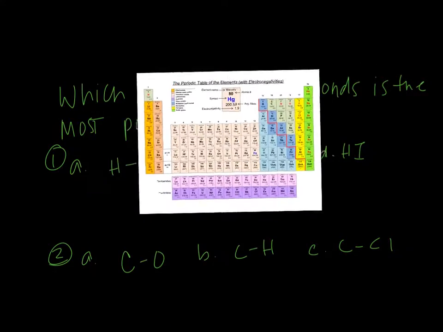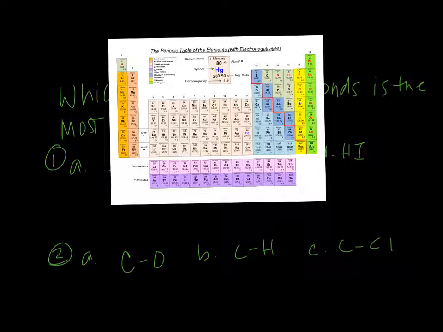Now of these bonds down here on number 2, we have carbon-oxygen, carbon-hydrogen, and carbon-chlorine. I know that hydrogen is all the way over on this side of the periodic table. With hydrogen, it's a nonmetal, but it's on the side with the metals, so it doesn't necessarily follow this trend.